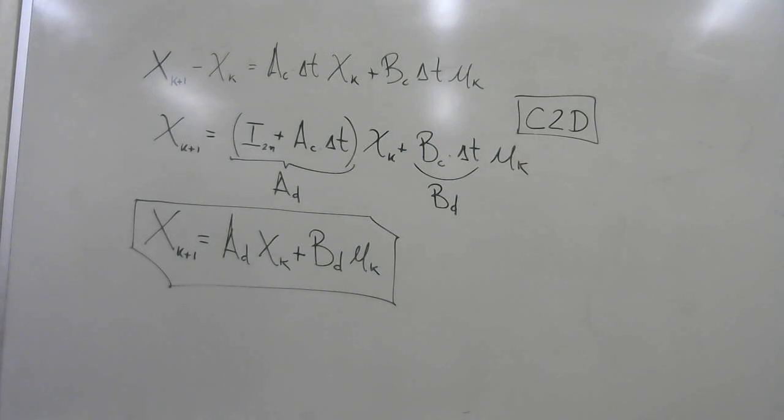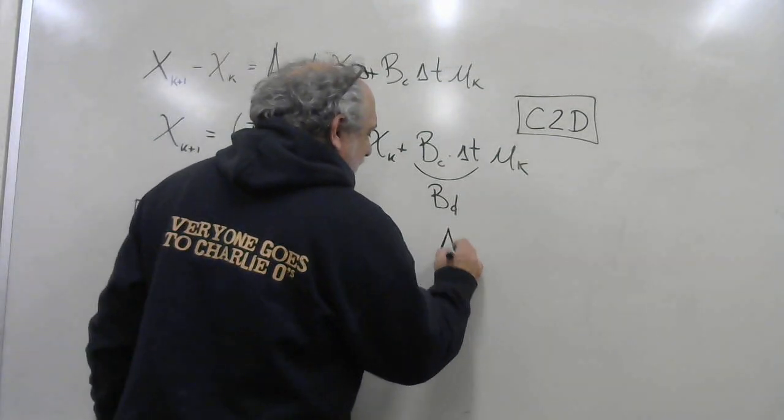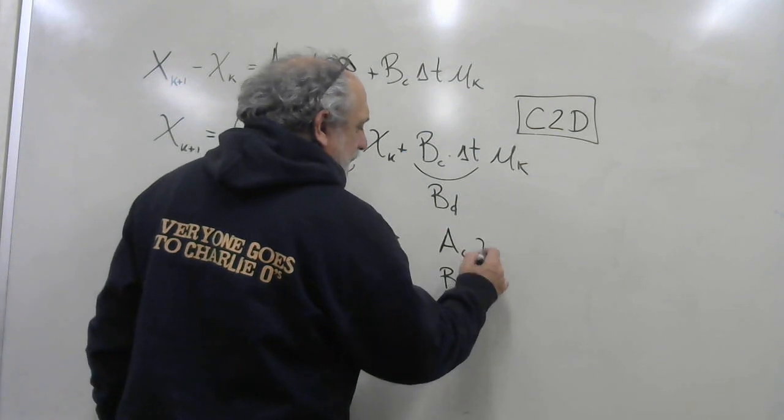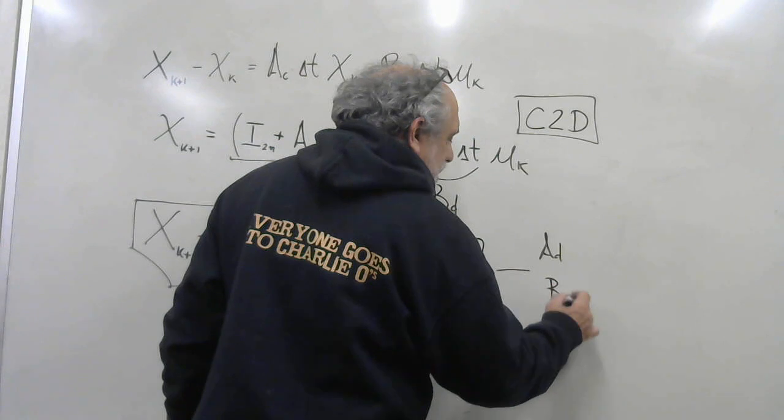There are more sophisticated formulas to get the map, okay? So A continuous, B continuous, how they go to A discrete, B discrete, for example.